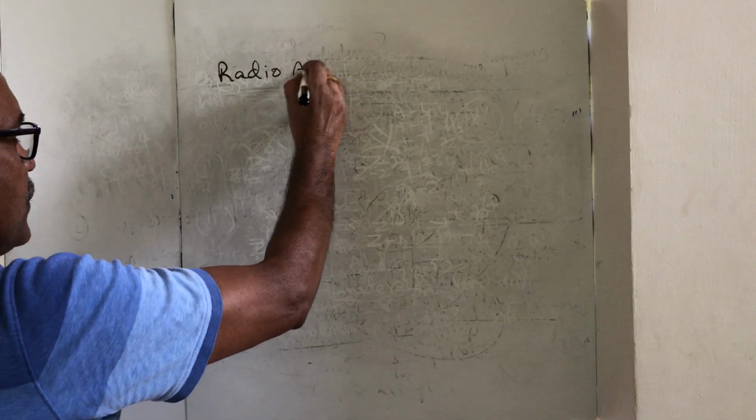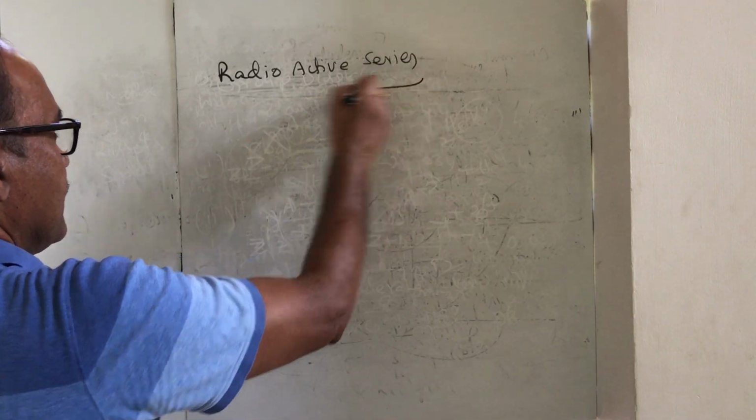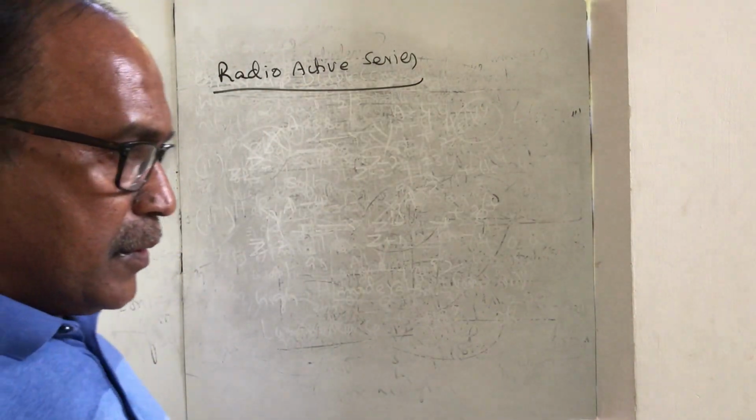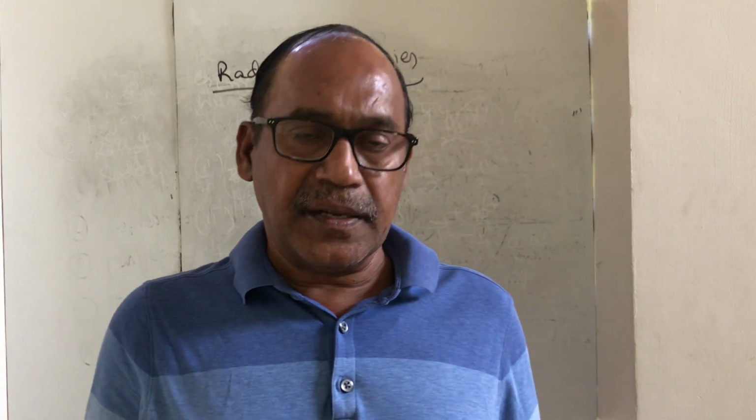Radioactive series. Natural radioactive elements disintegrate one after another. If the daughter nuclide is found to be unstable and radioactive, again it disintegrates. This disintegration process continues in consecutive manner till a very stable nucleus is formed.